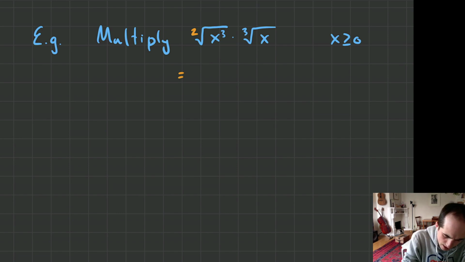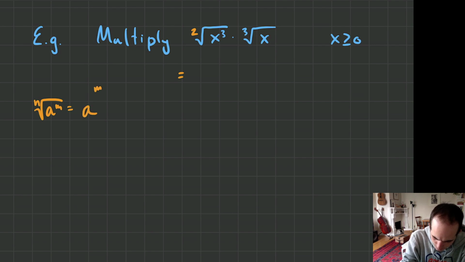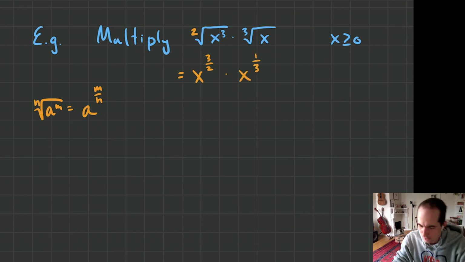Remember that the nth root of a to the m is equal to a to the power of m over n. So we're gonna convert these into fractional exponents, and then these are quite straightforward to multiply. So this is going to be x to the power of 3 over 2, multiplied with x to the power of 1/3.